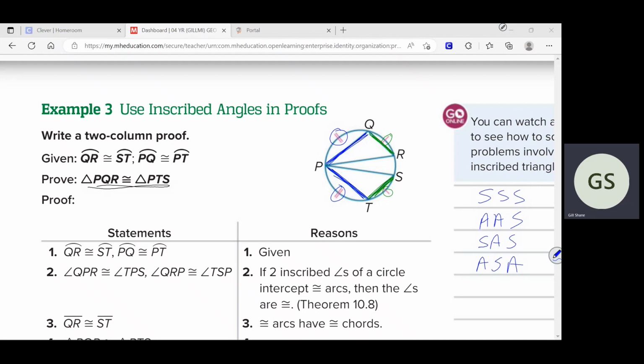Well, what's true about PTS? It is. It's made up of the same 2 arcs, right? PQR is made up of the same 2 arcs because they're congruent. It's made up of the same exact two arcs.